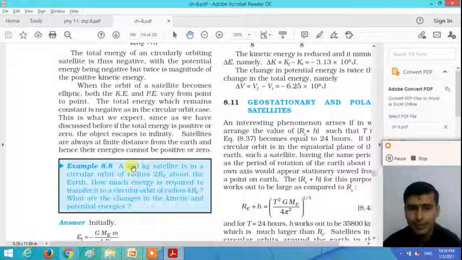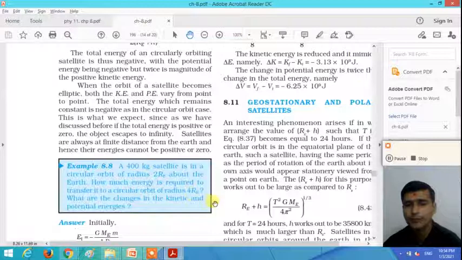So a satellite having a mass small m of 400 kg, which is revolving in a circular orbit of radius 2RE, right? What amount of energy is required to transfer it from this circular orbit to the circular orbit of radius 4RE?